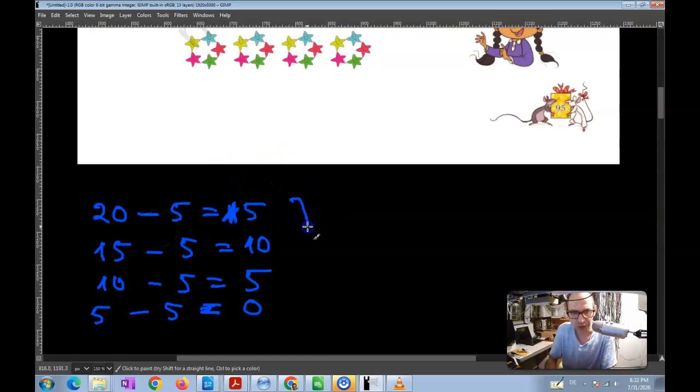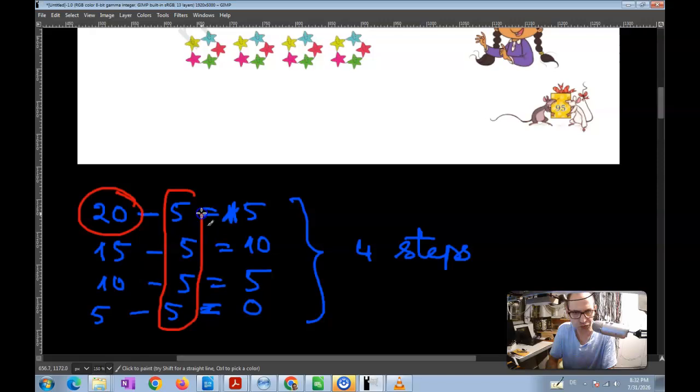Here you go, for example, through 4 steps, right? So the important things here are the number that you start with, the constant number that you keep subtracting, and the number of steps.